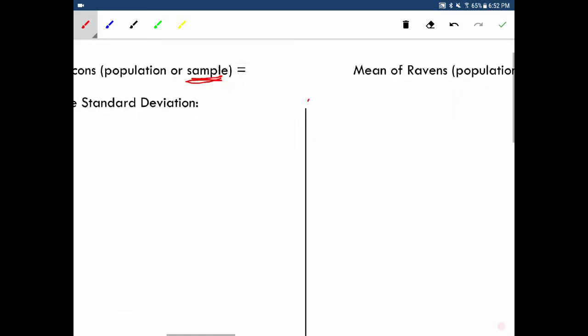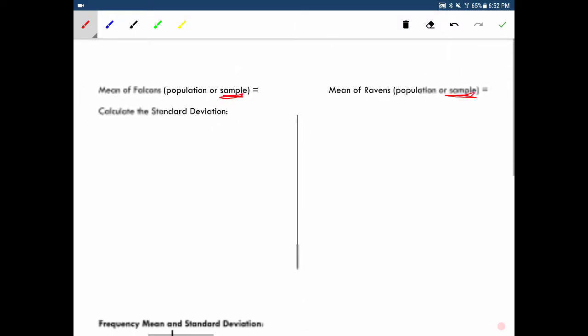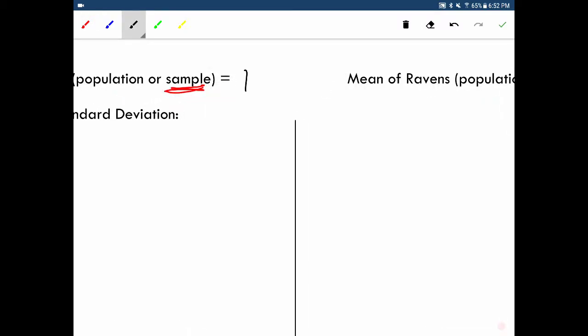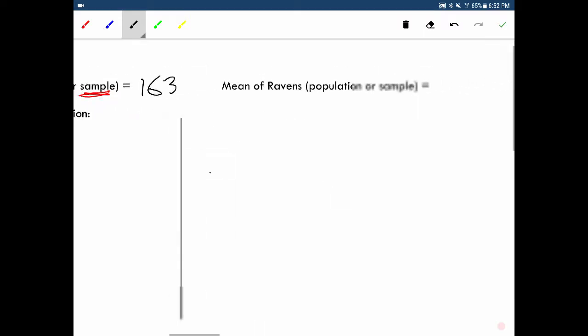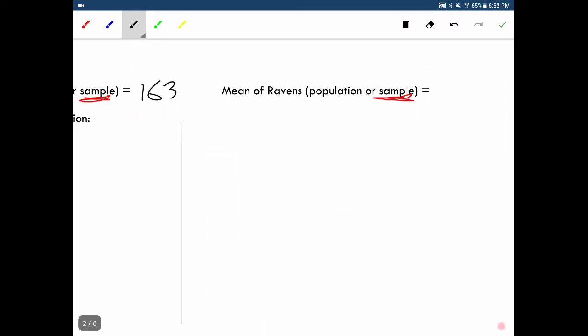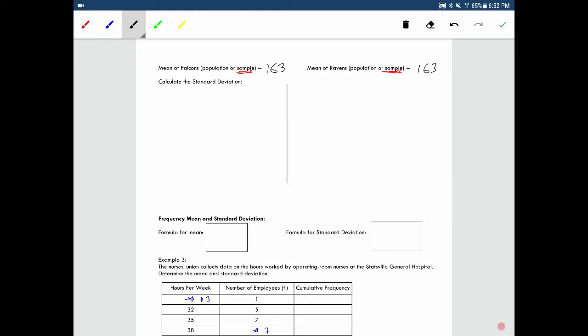But anyway, to find the mean, you're just going to add them all up and divide by 5 in this case, and I am just going to jump ahead and tell you that the answer is 163. And on the next one, it is also 163, which is intentional that they're the same, because we've got 2 teams that have exactly the same average height.